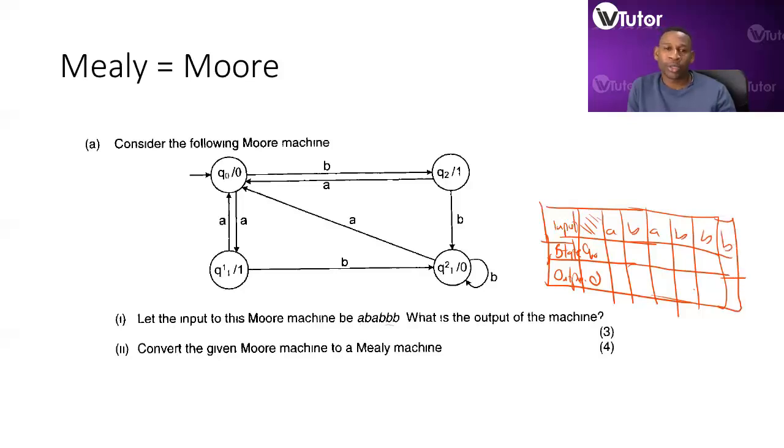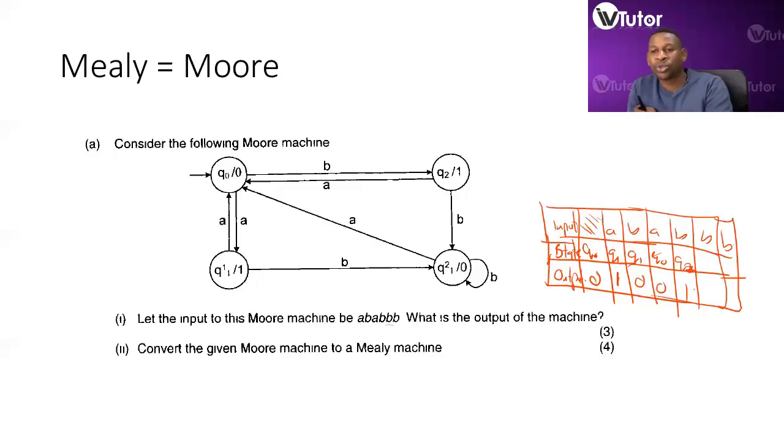In Q0 with an A, you go to Q1 with an output of 1. In Q1 with a B, you go to Q1 with an output of a 0. And then A: if you're in Q1 and encounter an A, you go to Q0 with an output of 0. If you're in Q0 and encounter a B, you go to Q2 with an output of 1.